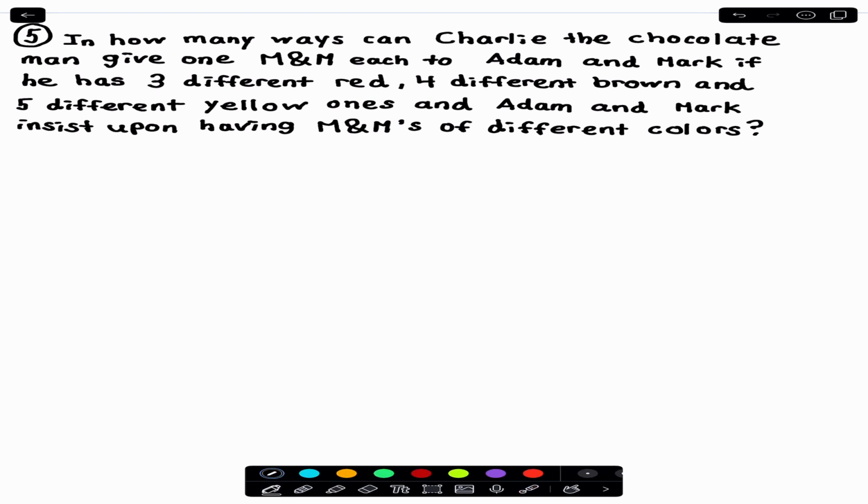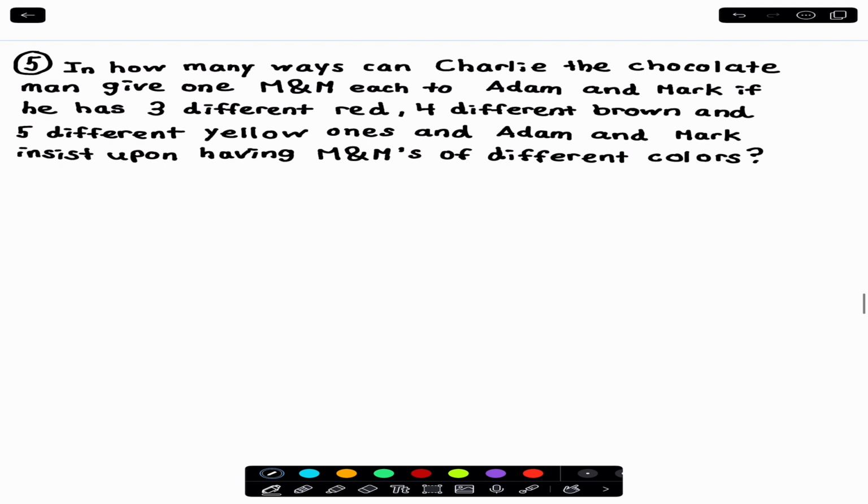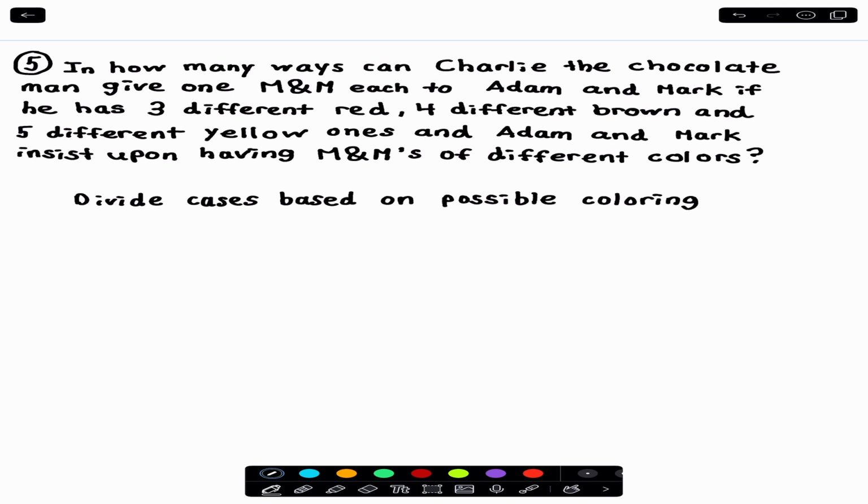So over here, we are going to divide our cases based on possible coloring pairs. So what do I mean by that?